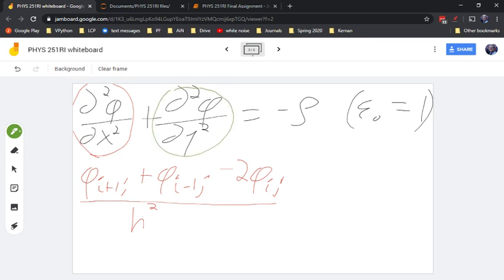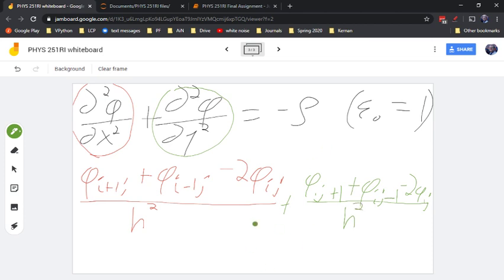So now the green term is going to be plus, and it's going to look very similar, right? Phi i, j plus 1, plus phi i, j minus 1, minus 2 phi ij, all divided by h squared.